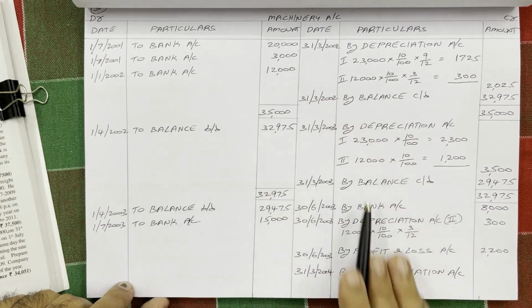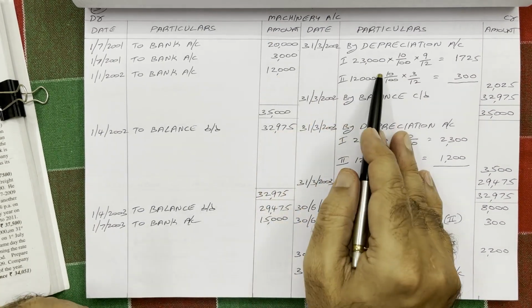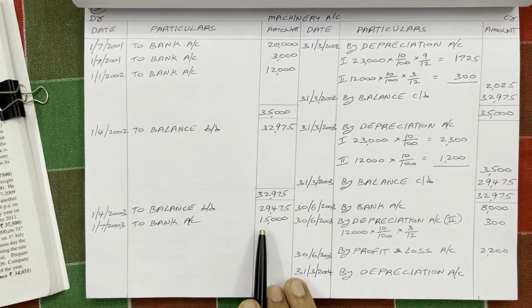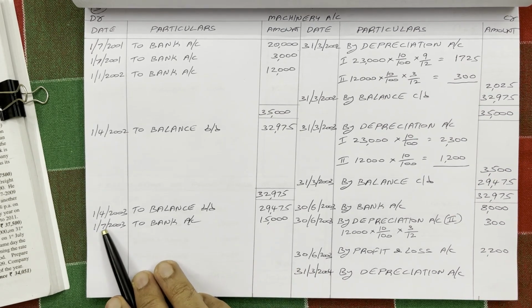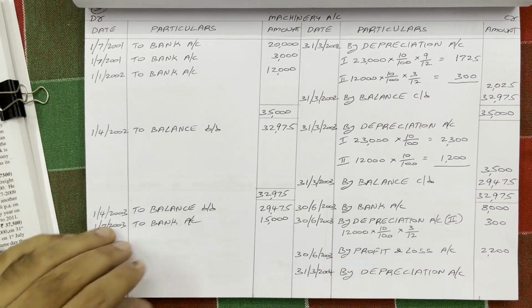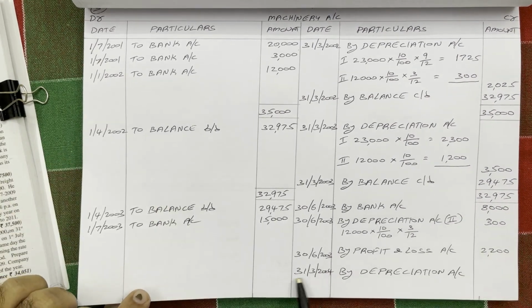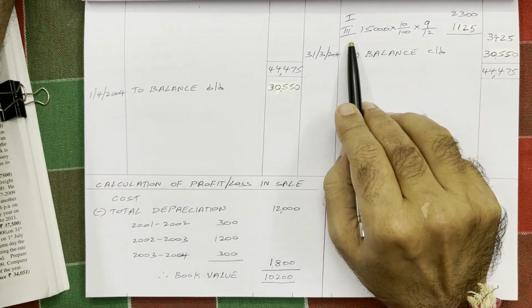So first machine is there with us. Full year we have that. Second machine is sold, so it is not there. Third machine 15,000 is also we have. It is purchased on 1st July. So from 1st July to 31st March only we use this third asset. So on this date, third year last date, we have first machine, third machine.